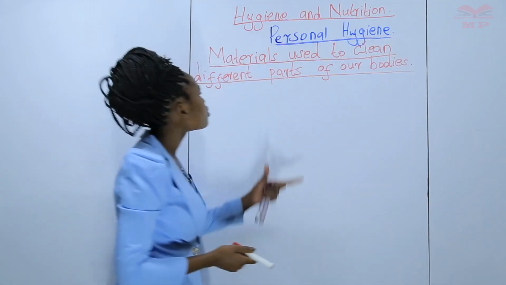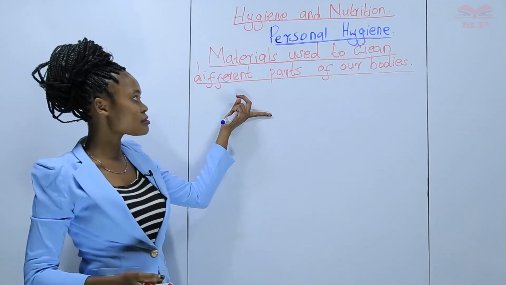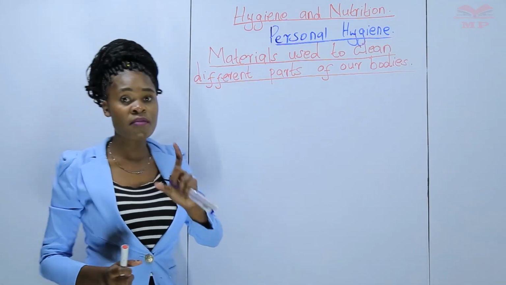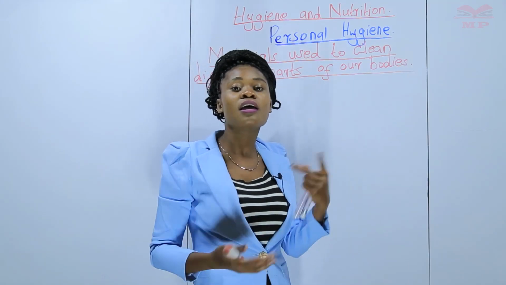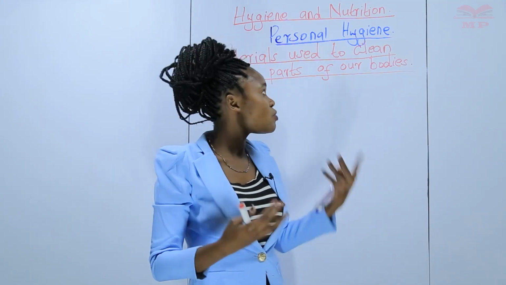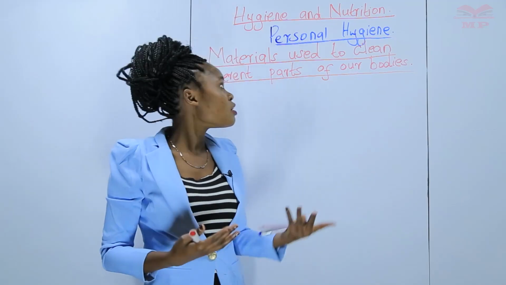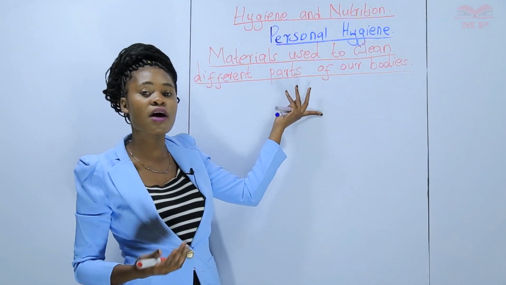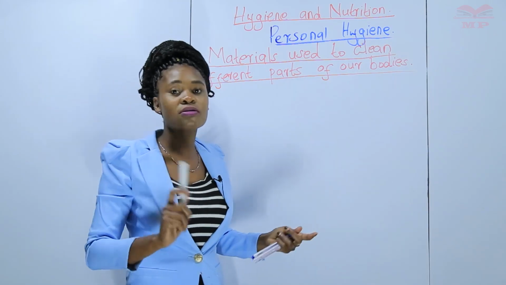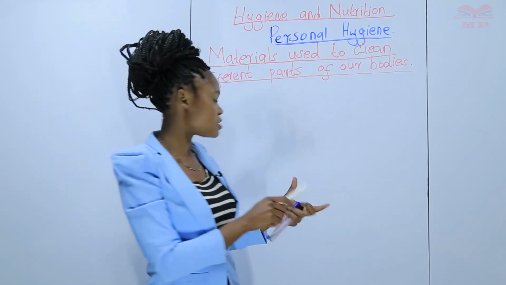Now, materials used to clean different parts of our bodies. Remember, we are learning personal hygiene. Personal hygiene means keeping our bodies clean. So what are the materials that we require to clean the different parts of our bodies? So today we shall start with a toothbrush.